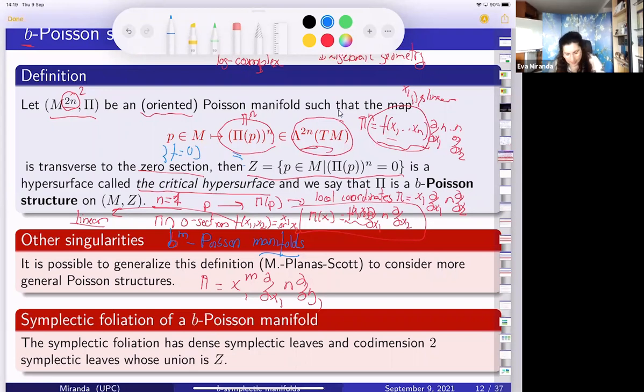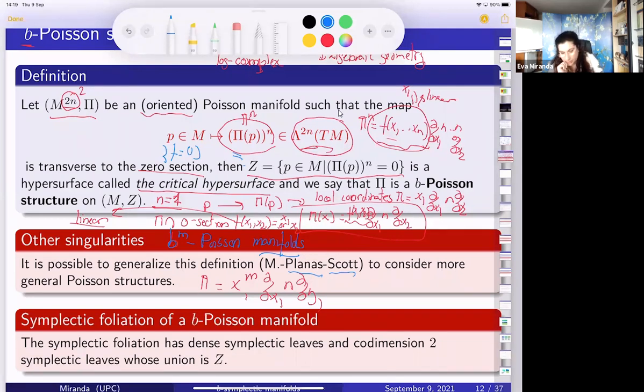For instance, Geoff Scott, in his thesis, completely worked out the theory of b^m Poisson manifolds, at least the study of toric manifolds there. And then Arnau Planas worked out in his thesis the KM theory.